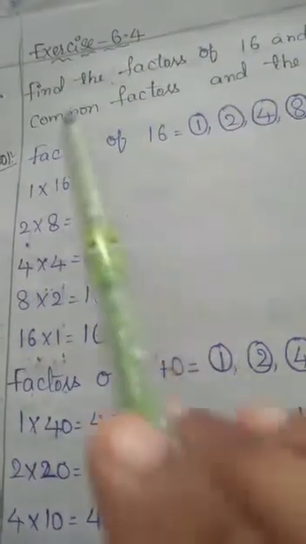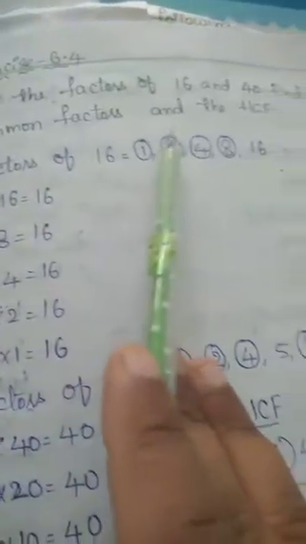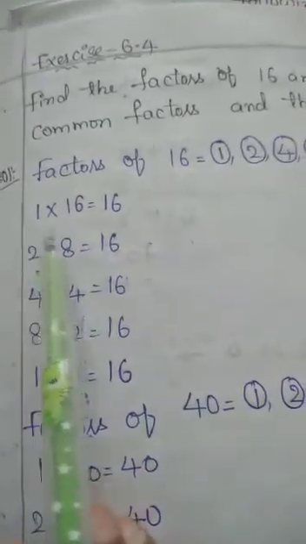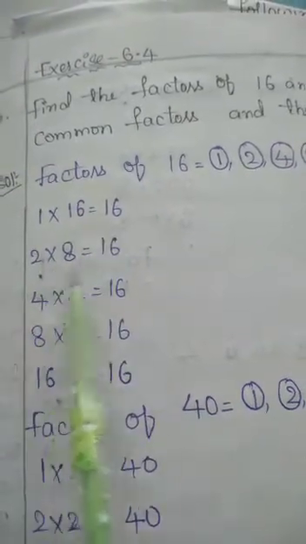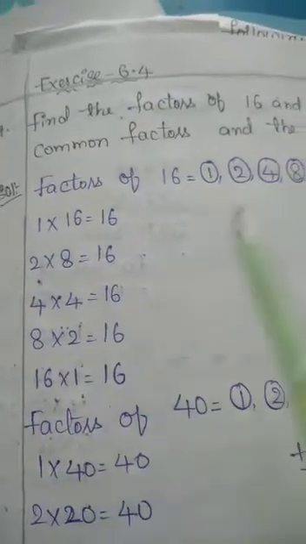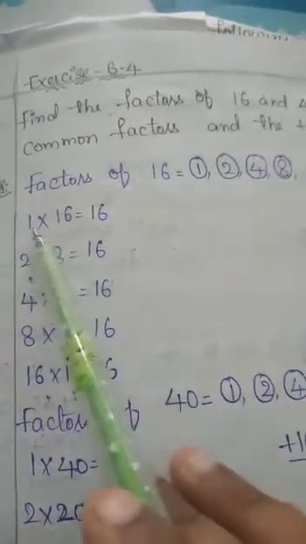Exercise 6.4. Here is the first bit. Find the factors of 16 and 40. Find the common factors and the HCF. Factors of 16: 1 into 16 equals 16, 2 into 8 equals 16, 4 fours are 16, 8 twos are 16, 16 ones are 16. Factors of 16 are 1, 2, 4, 8, 16.